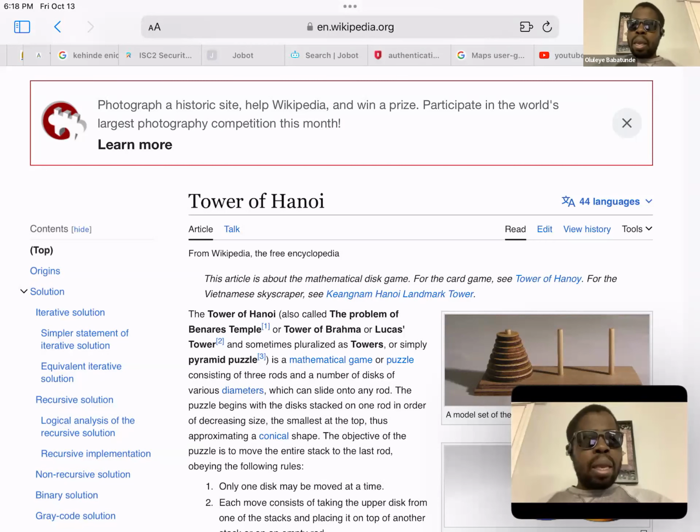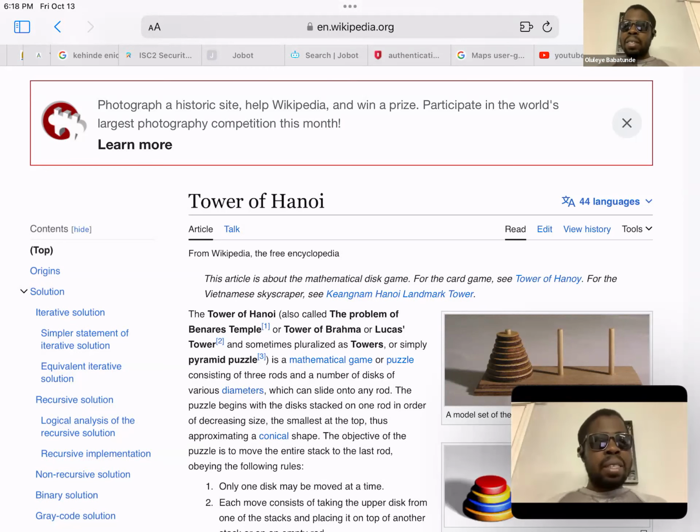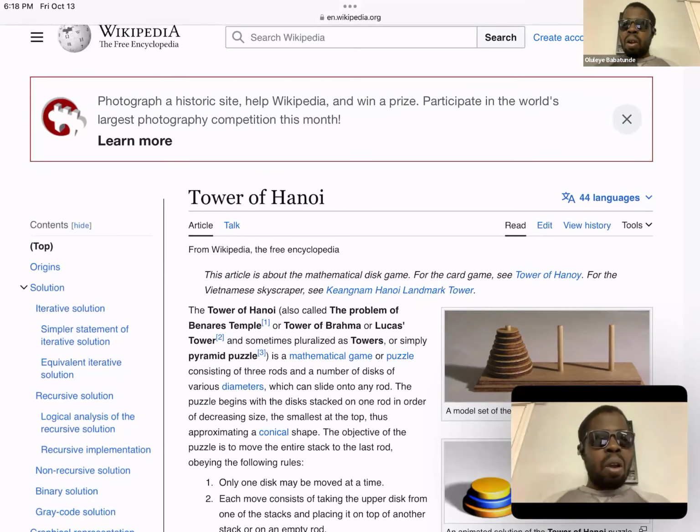It's actually a mathematical game, a puzzle consisting of 3 rods. That is the initial invention. The game started with 3 rods, as you can see right here, and a number of discs of various diameters.